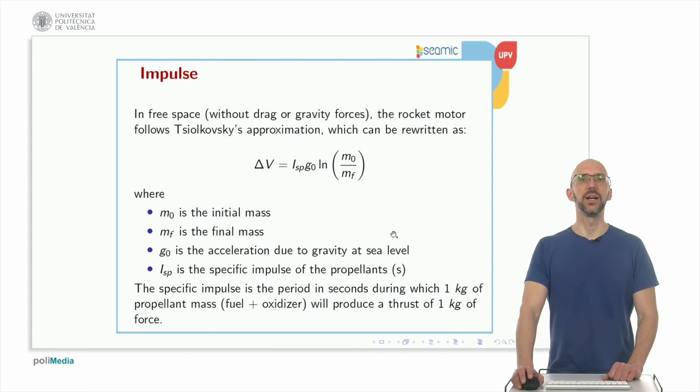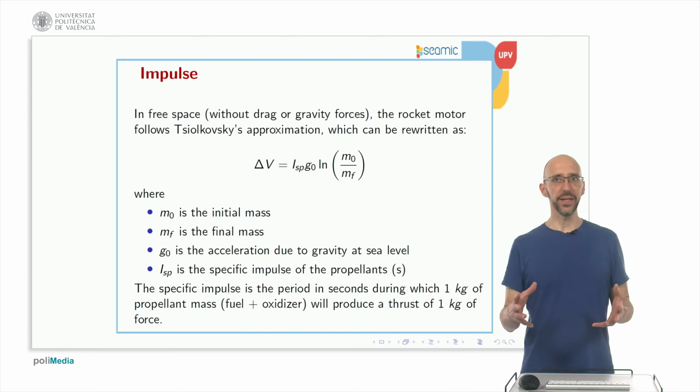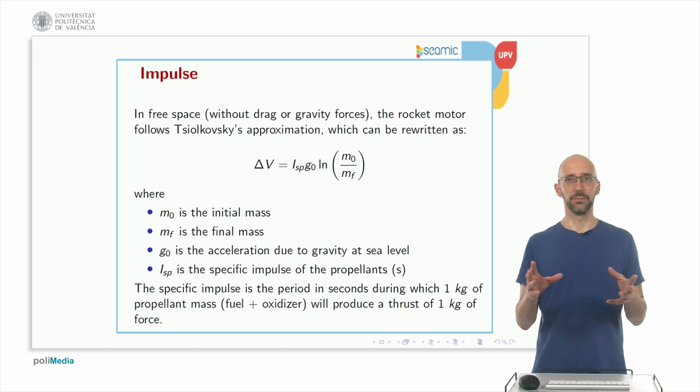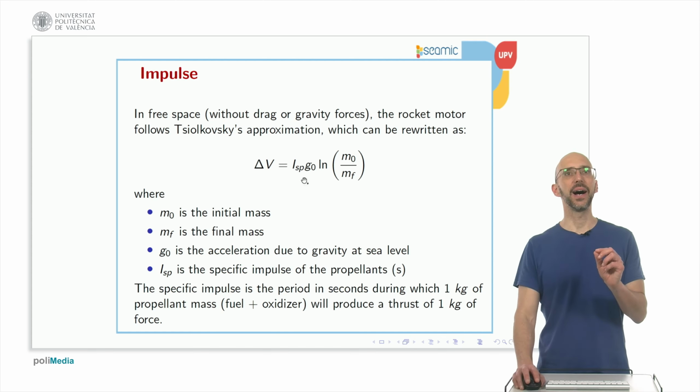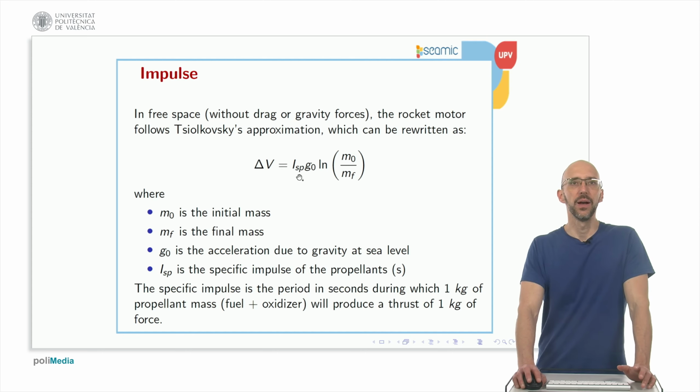This equation, the rocket equation, can be written in a different way. It's related, and it can be proved that this is the same. But look at this. We change the ejection velocity by something called the specific impulse of the propellants and the acceleration of gravity at sea level.